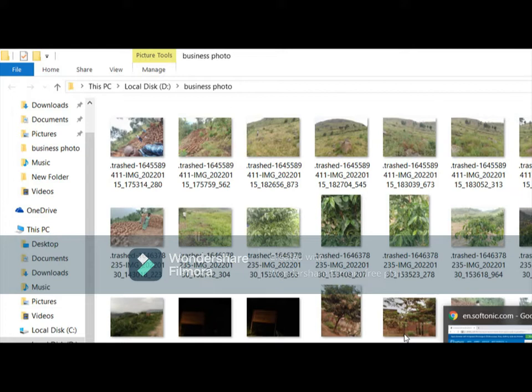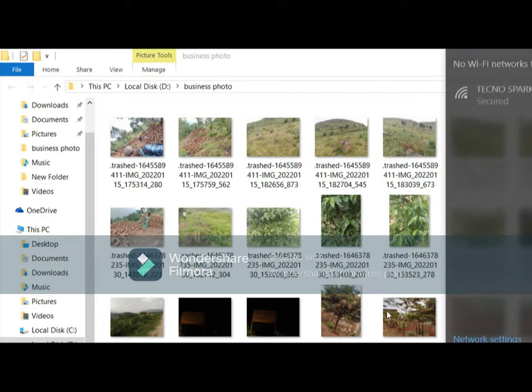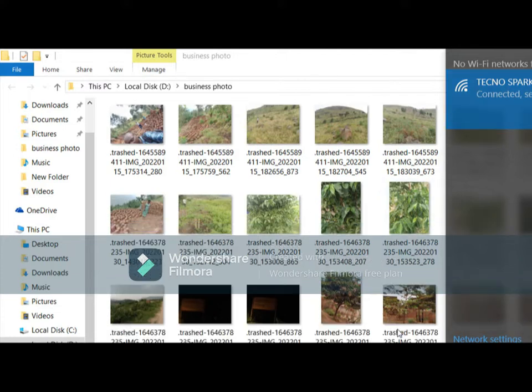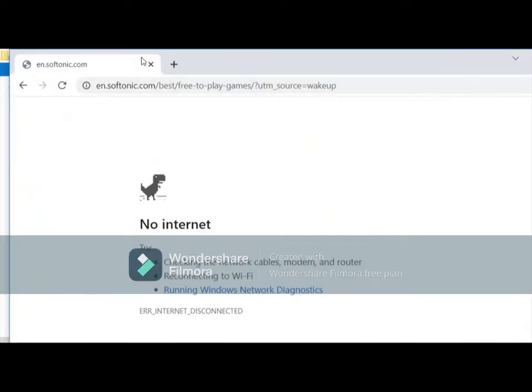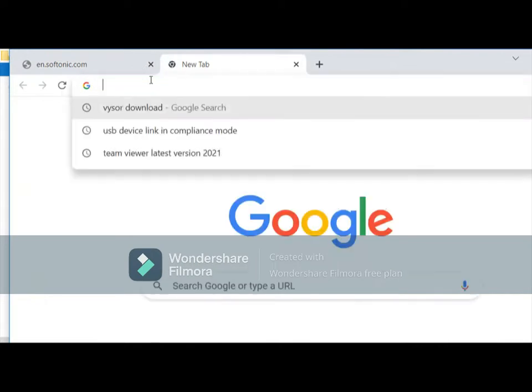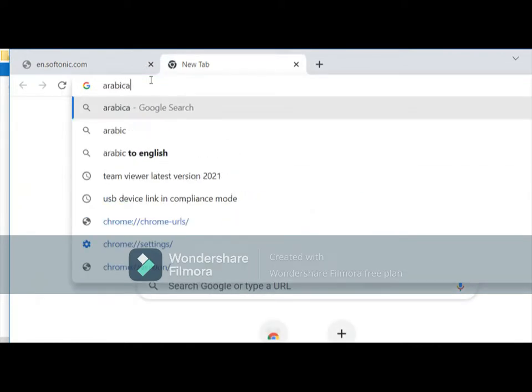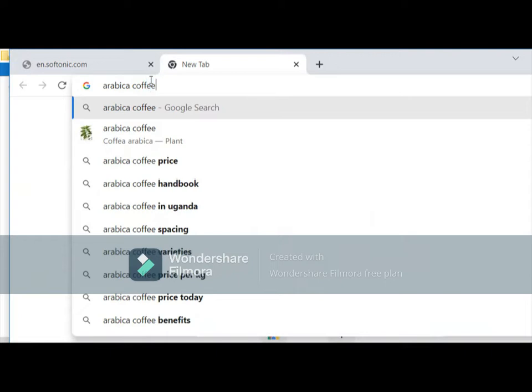Now, someone might be wondering how each looks like. I'm gonna show you how each looks like. If I use my internet here, I think it can do it well. Arabica coffee plants.